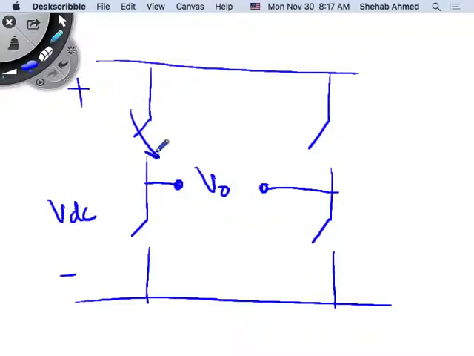When this switch and this switch are on, this node is connected here, this node is connected here, right?